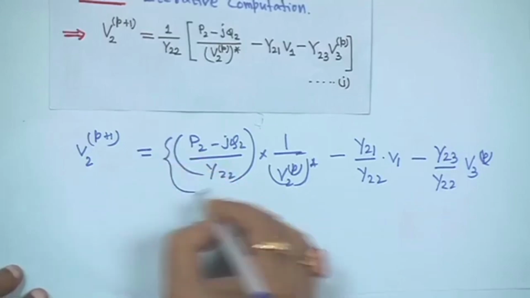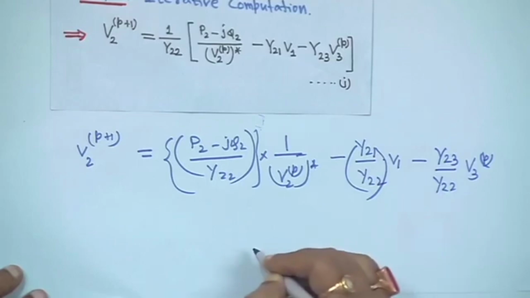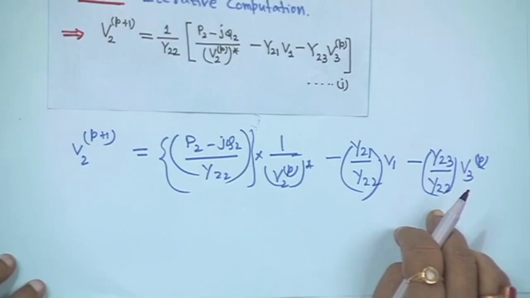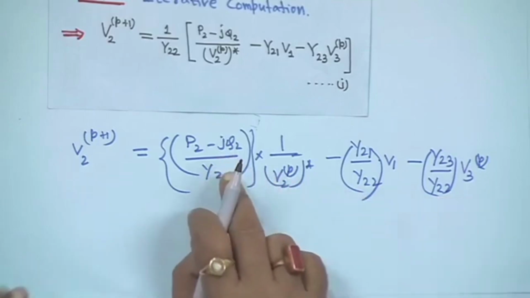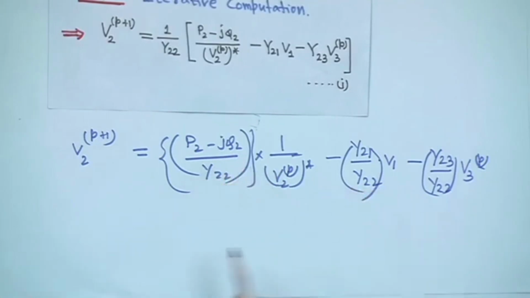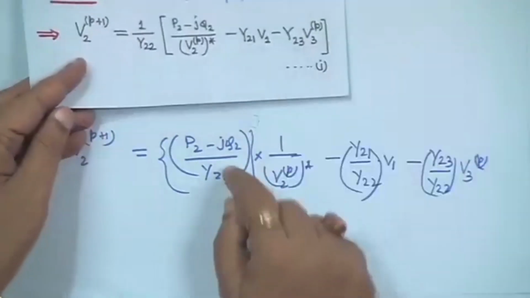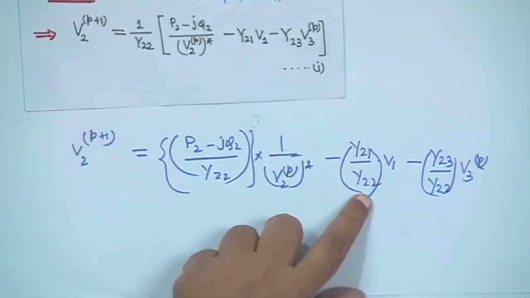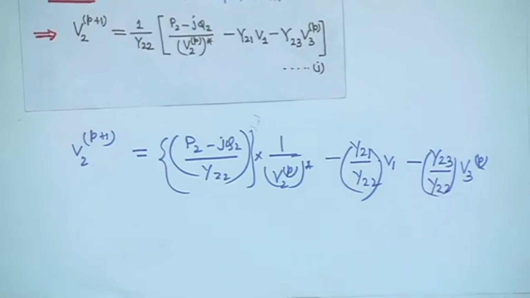This term is actually constant throughout the iterative process, this one also, and this term also. That means if you compute these terms and put them in the equation, then there is no need to compute them again and again. So, that is why in your computation, first you compute P2 minus jQ2 upon Y22, and Y21 upon Y22 and Y23 upon Y22, all capital. First you compute.